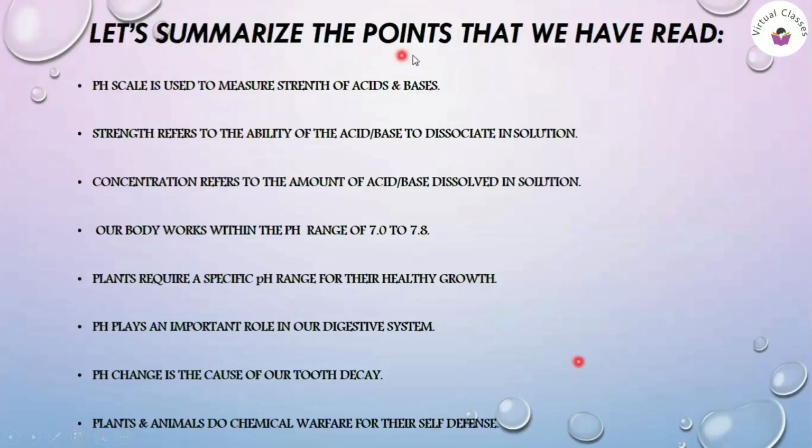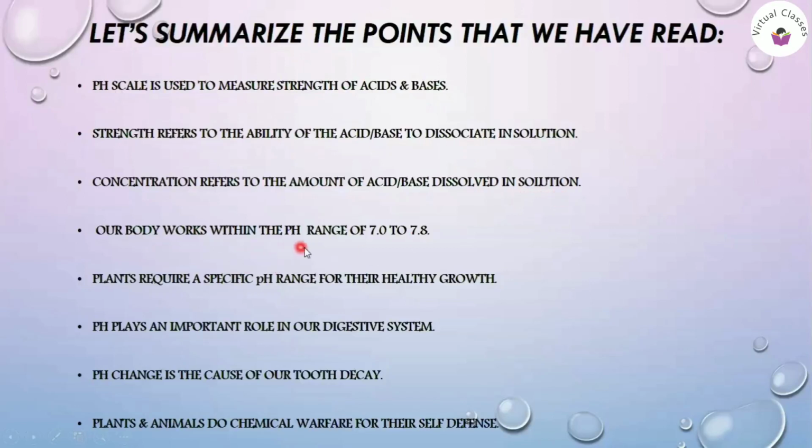Now, let's summarize the points that we have read so far. First, pH scale is used to measure strength of acids and bases. Strength refers to the ability of the acid or base to dissociate in a solution. Concentration refers to the amount of acid or base dissolved in a solution.